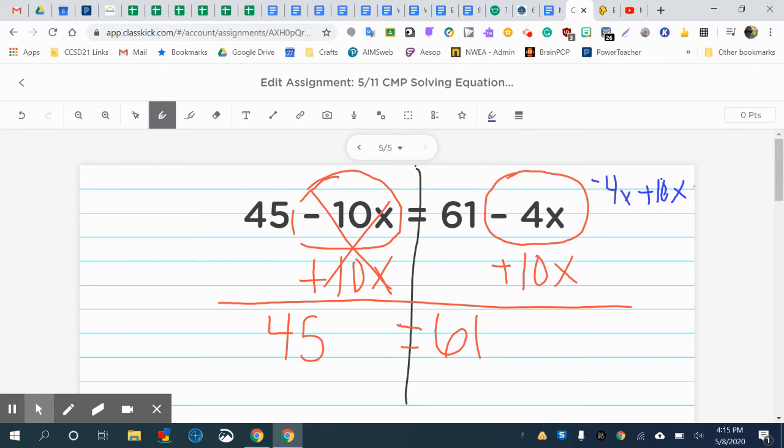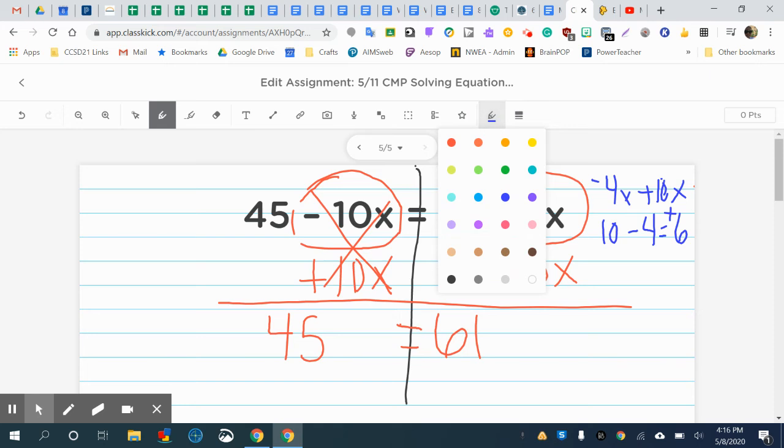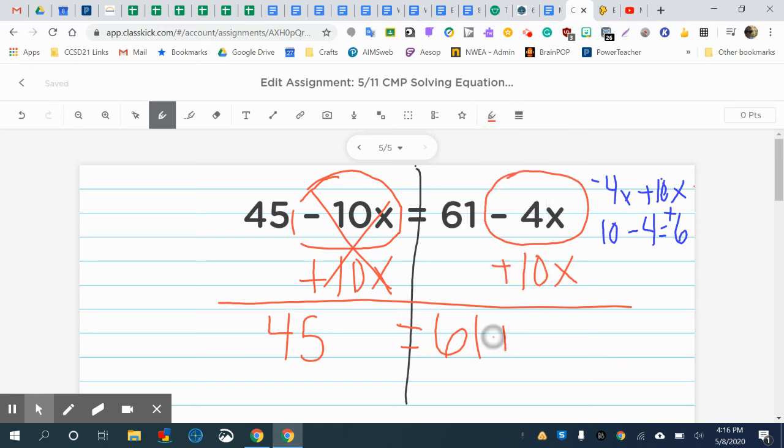So if I am adding two numbers with opposite signs, I subtract and I take the sign of the number that has the bigger absolute value. In this case, 10 has the bigger absolute value. It is a positive 10, so this is a positive 6x. So my strategy of not ending up with negative x's has worked in this scenario.